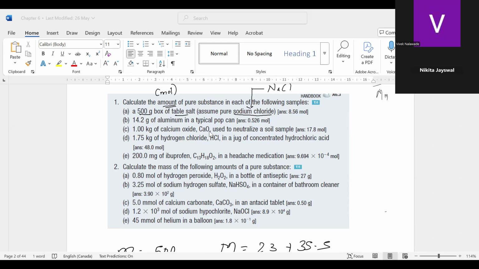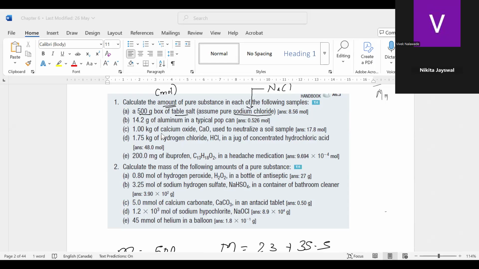And how much is the mass? Here, 1 kg. Okay, 1 kg. So 1 kg is how many grams? 1,000. Okay.